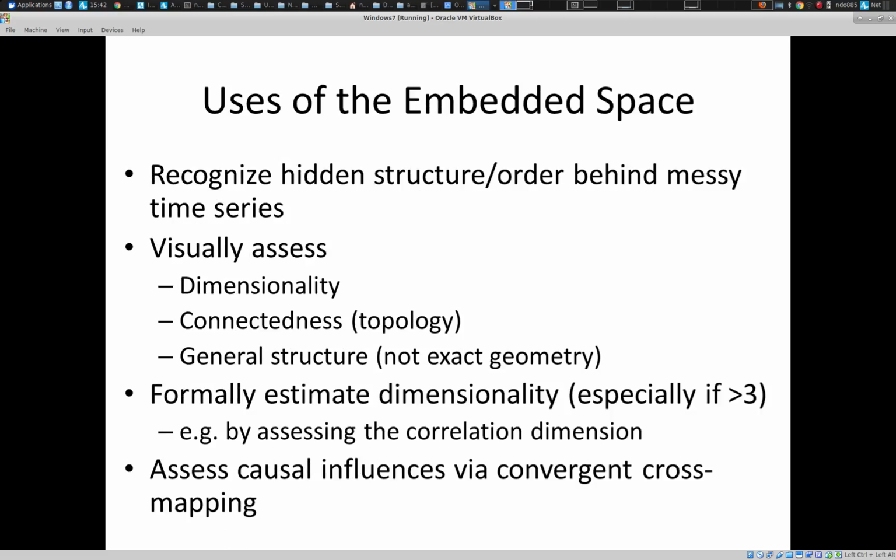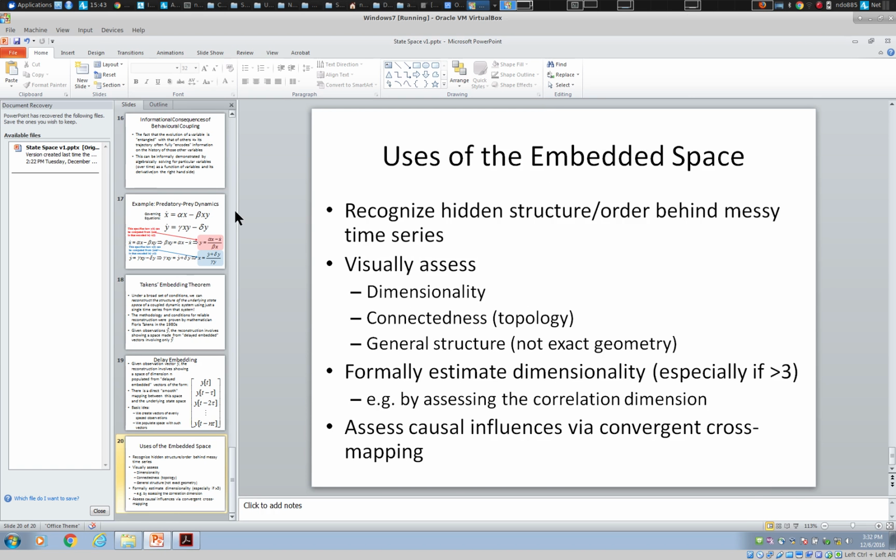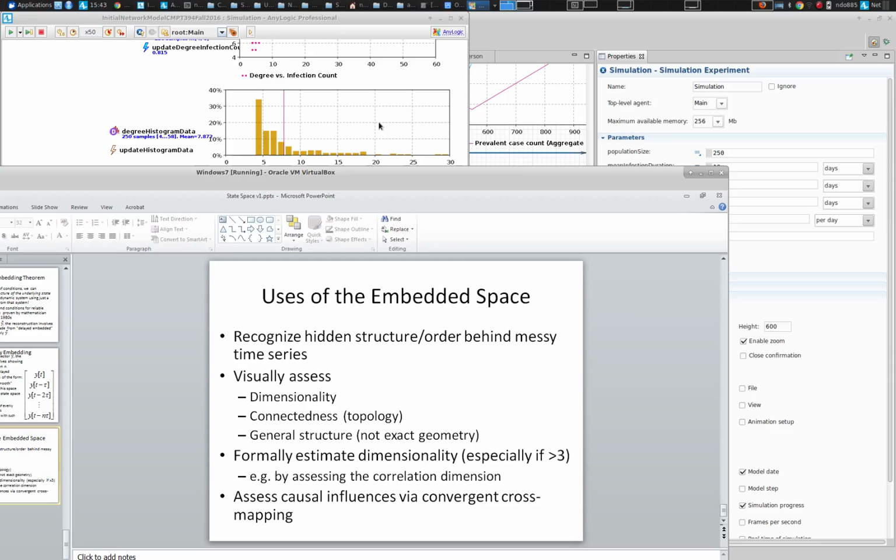One thing is, given observations, we can recognize hidden structure behind them. It turns out that if you go look at the Lorenz series, so maybe we'll go take a look at the Lorenz series over time.